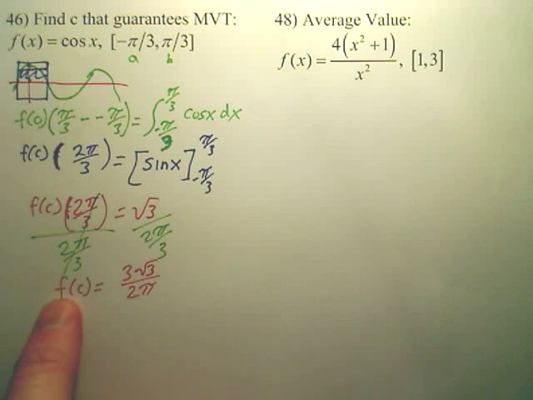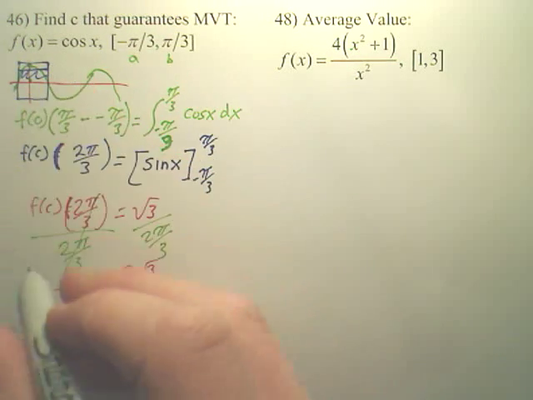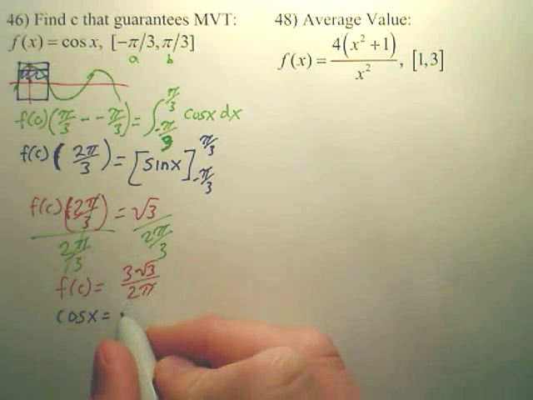So what that says is the average height of the function on this interval is this. Where do we get that average height on the interval? Well, what you do then is you have to set the function f of x, which is cosine, equal to this.